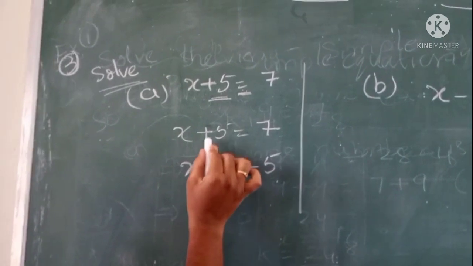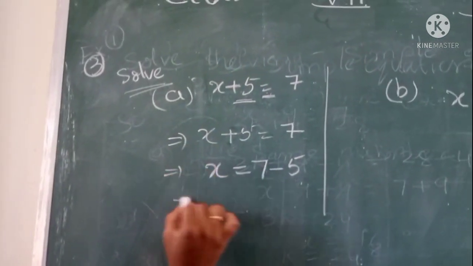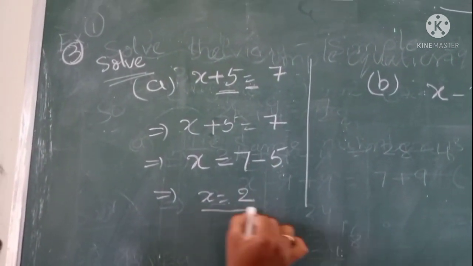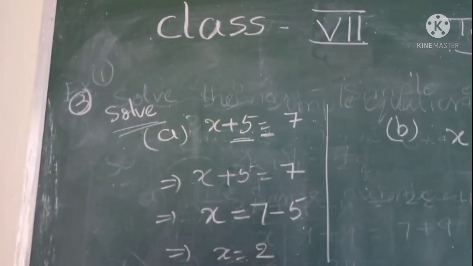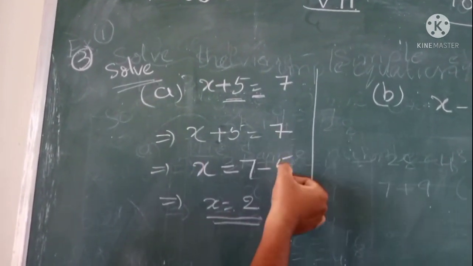So x equals 7 minus 5, which is 2. This is the solution of the given simple equation. A plus quantity changes to a minus quantity when it moves across the equals sign.